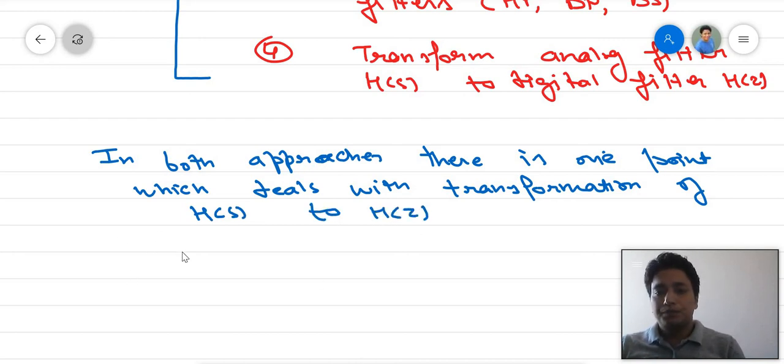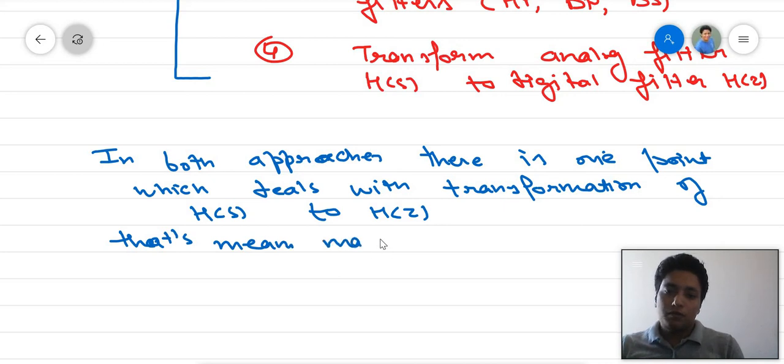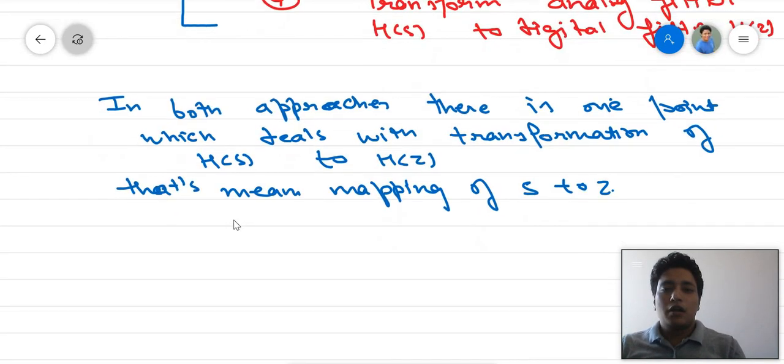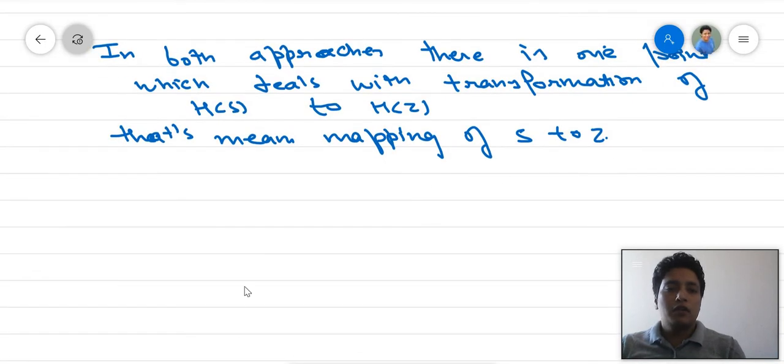That means mapping of S to Z. Now this is a very important point, and throughout our discussion of IIR filters we will focus on this particular point, that is mapping of S to Z.